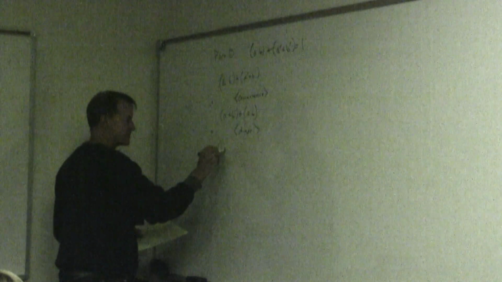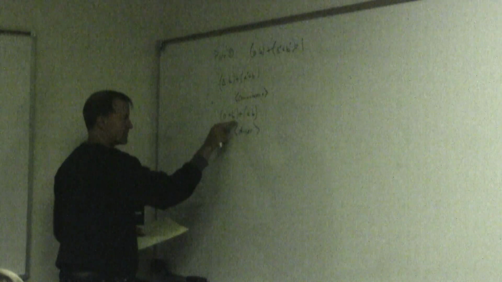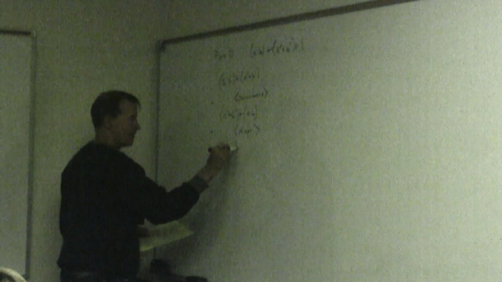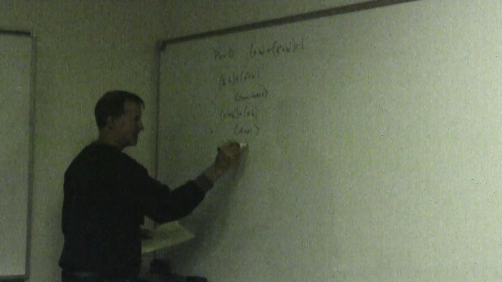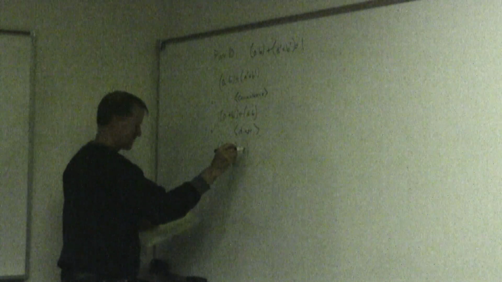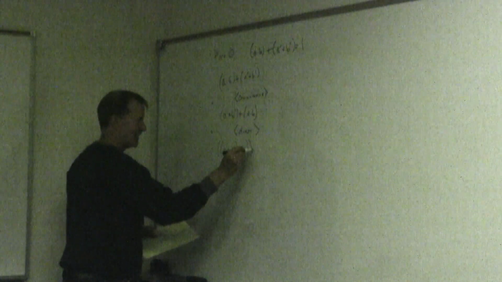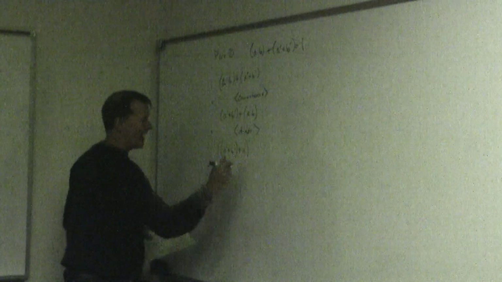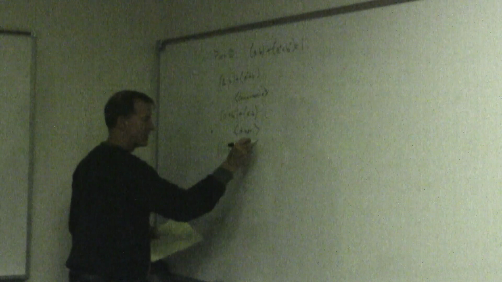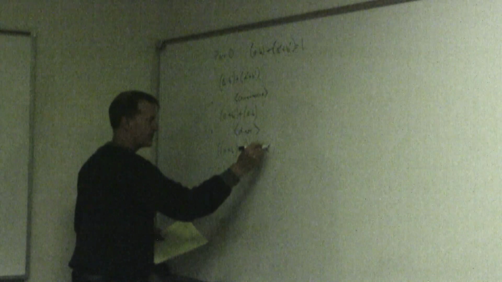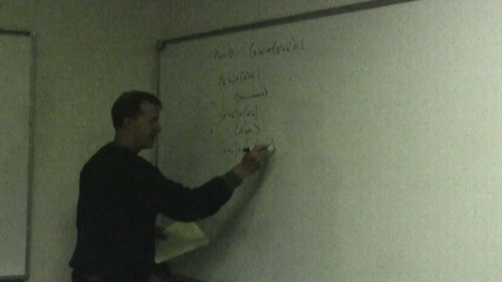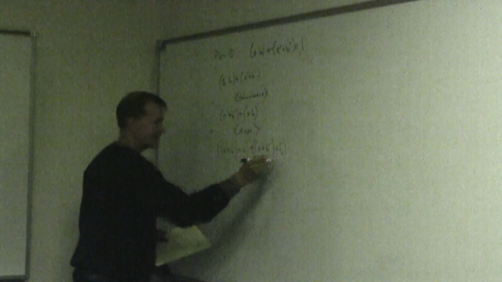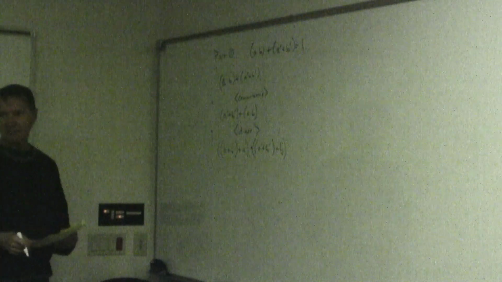So A or A prime or B prime, or A. Are you with me? I know there's some unnecessary parentheses here. And A prime or B. Like this. Is everybody good?